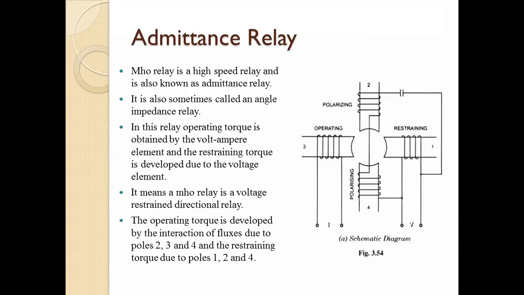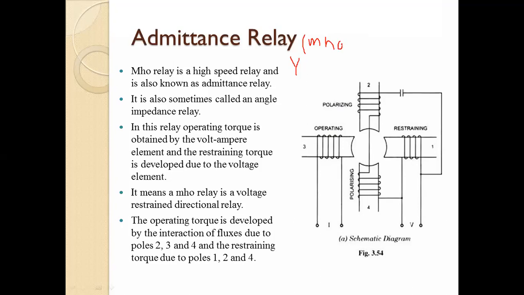Then note the next point, that is the admittance relay. Admittance is denoted by Y. What is the unit of admittance? 1 upon ohm, it is mho, we are saying.